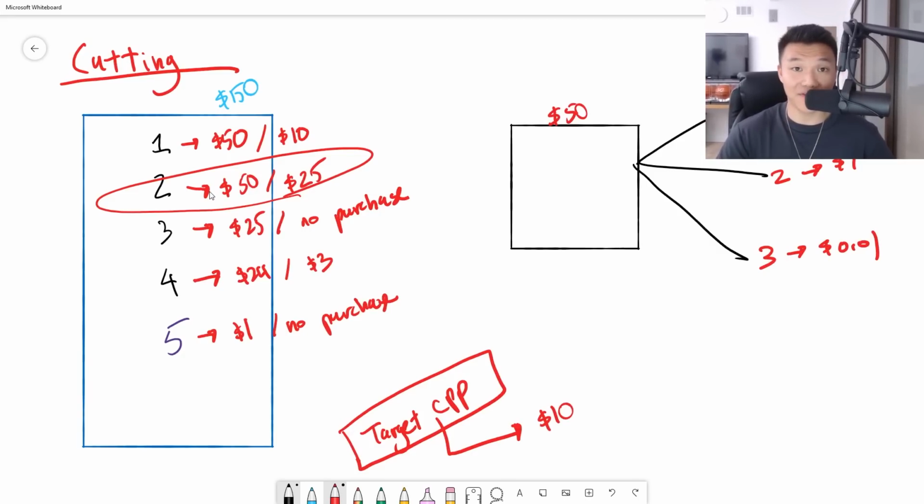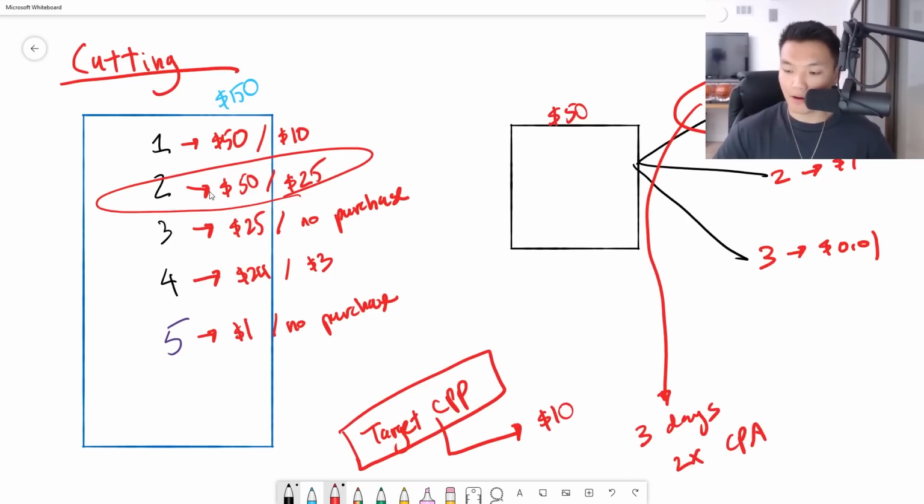And this happens very frequently with CBO. You didn't really give this ad set a solid chance. You gave this creative a solid chance, and this creative satisfied the cutting rule of 3 days and 2 times CPA. But none of the other creatives really did.